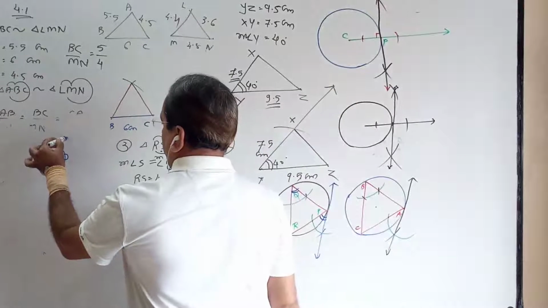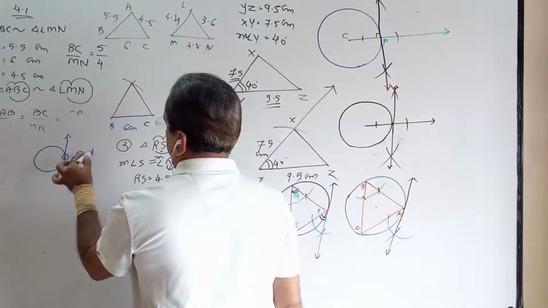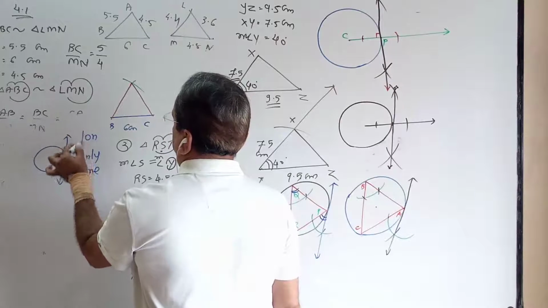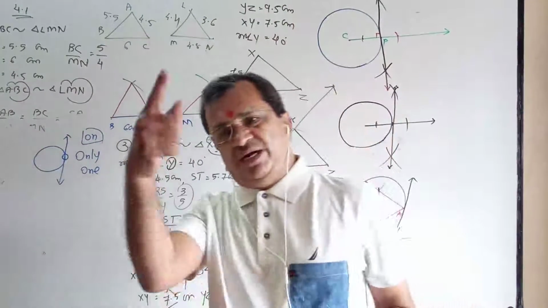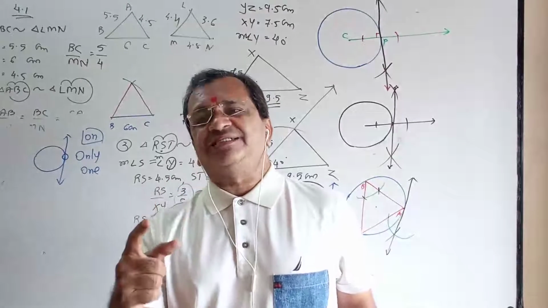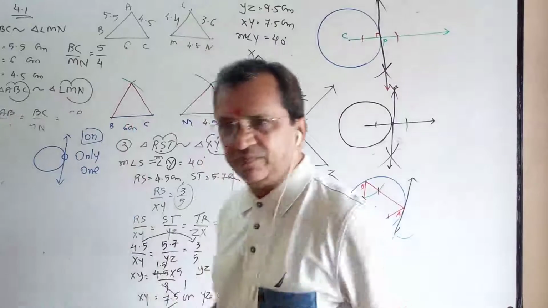We will say only one. Diagram no need to draw. They will ask the question, you have to select from the MCQ options 0, 1, 2, 3, 4. You have to select one.